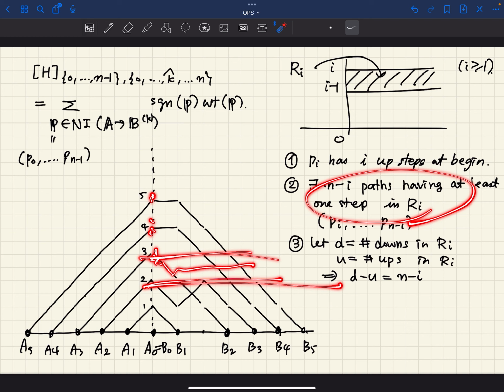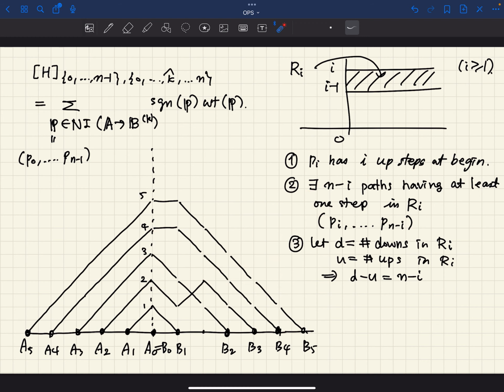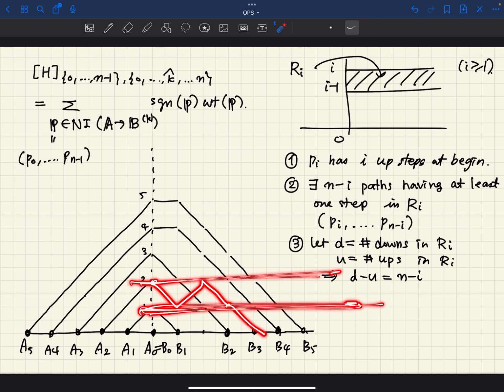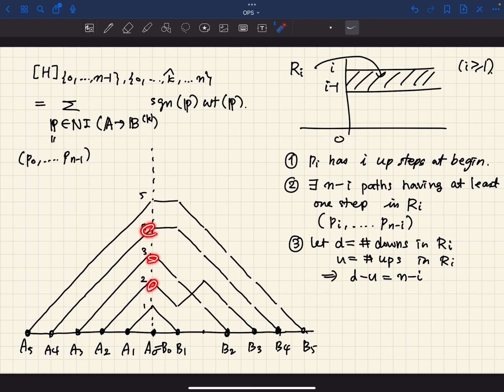There may be more than one, because this can go down and then go up, right? But for any path, even if it goes down and goes up again, it has to go down again, because eventually it will exceed this line. So if you consider the first entering point and then the exiting point, we must have one more down step than up steps. For every path, its contribution to this is 1, because down is always one more than up. So that's why this is true. Okay.